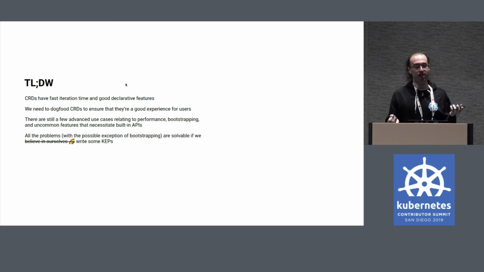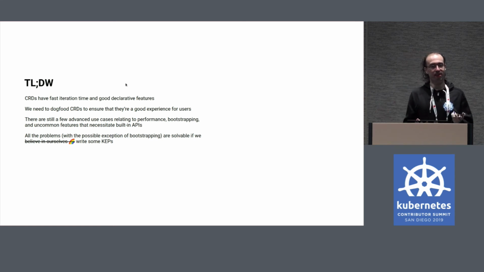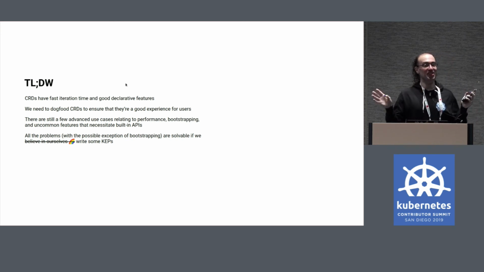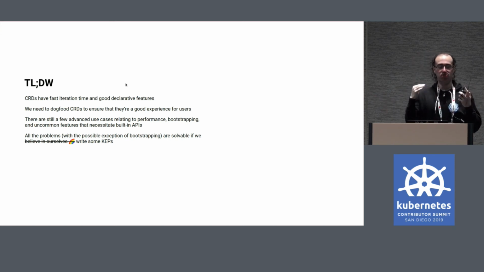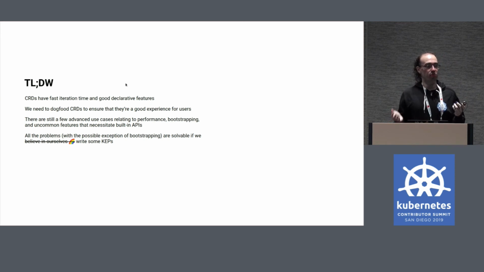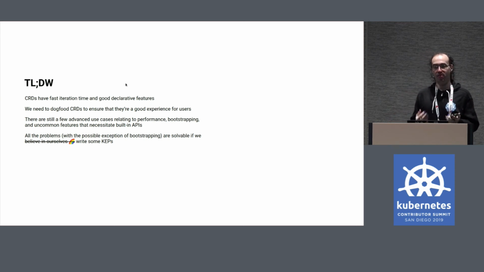But the key takeaway, I think, when I was looking at this, is that all of these problems are solvable. None of these are like, we need to re-architect Kubernetes entirely to solve this problem, right? It's all things that we can solve. And we should, because if we're hitting these, our users are going to.